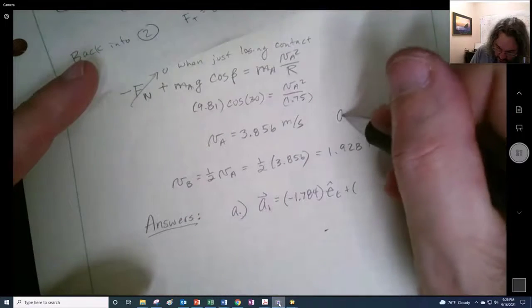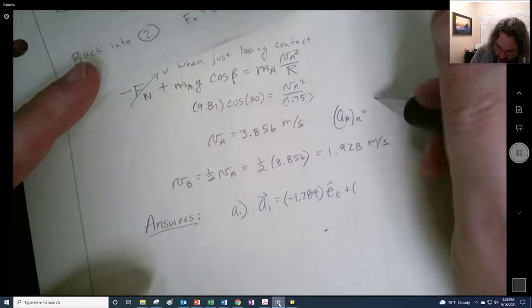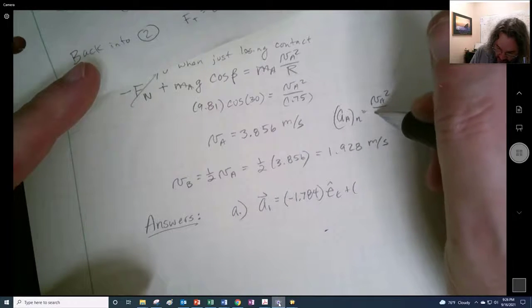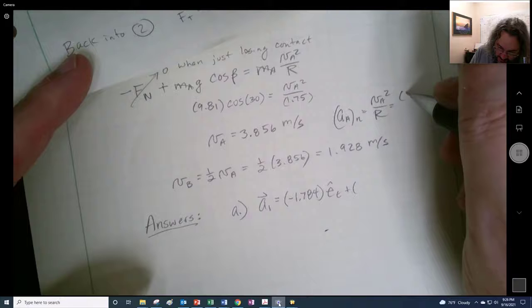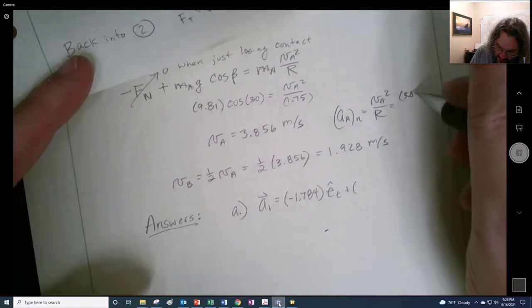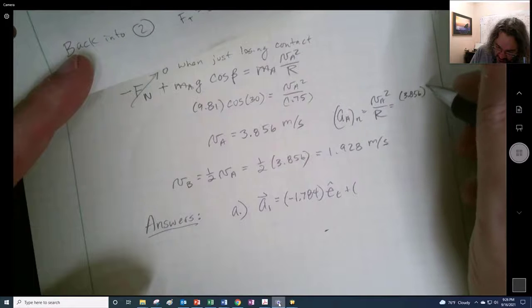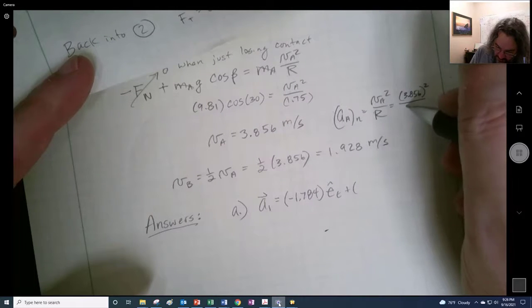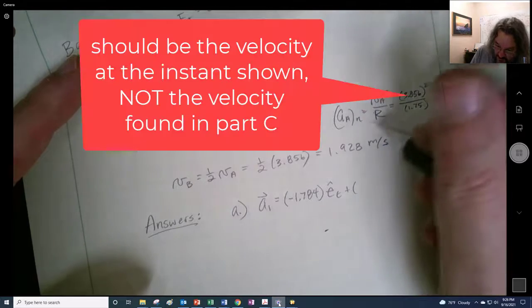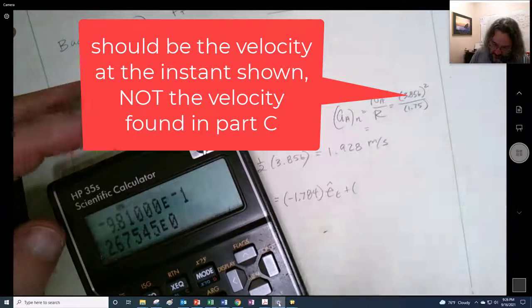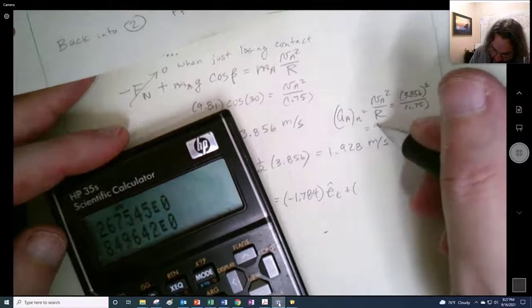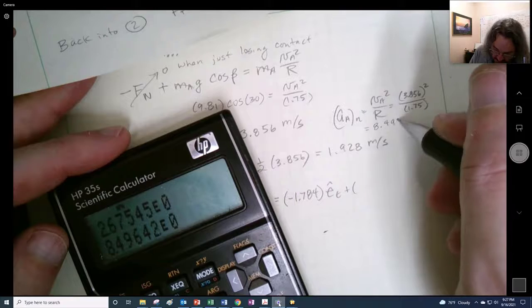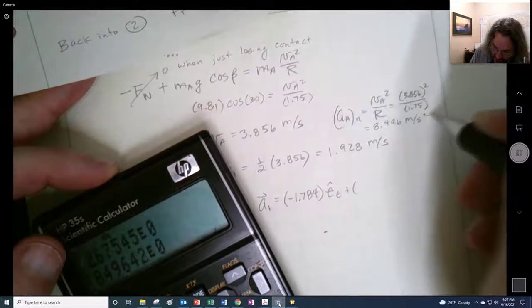Acceleration of A in the normal direction is VA squared over R, so it's going to be 3.856 squared over 1.75. So we get 8.496 meters per second squared.